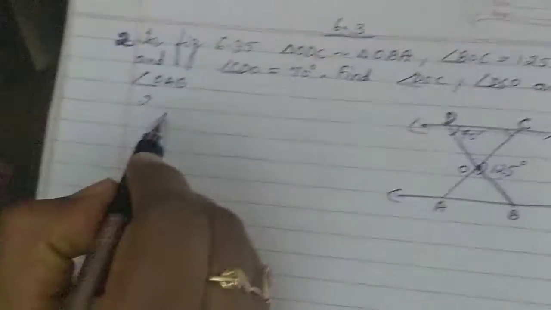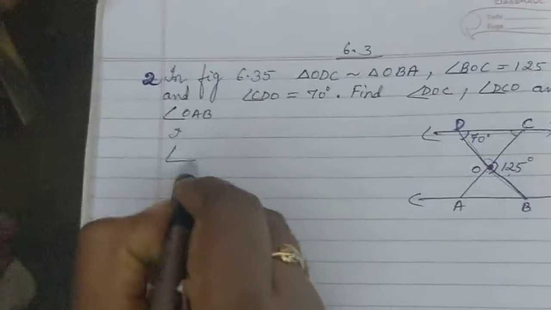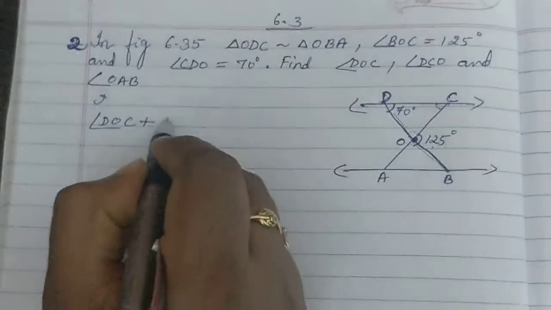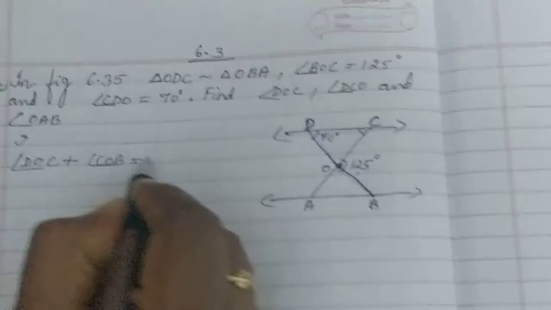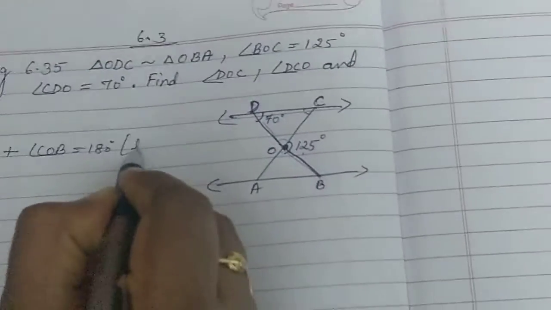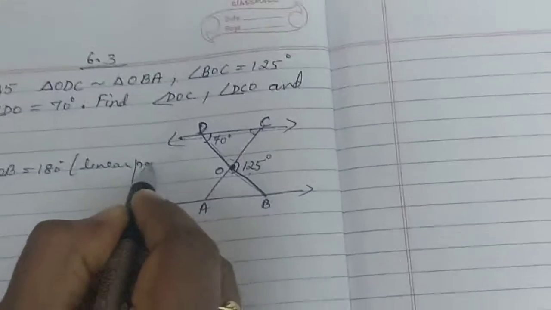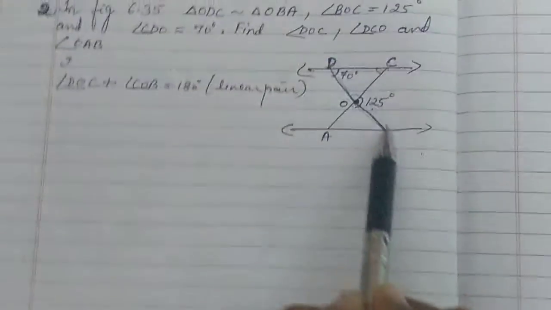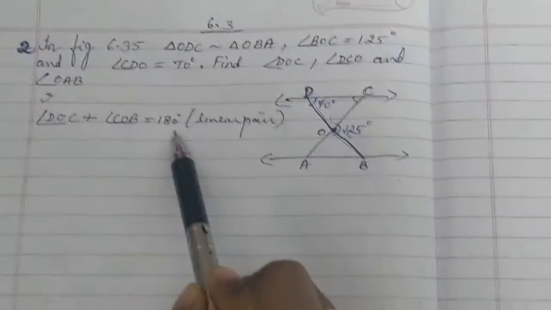So I can say here DOC plus COB is equal to 180 degrees. What is that? Linear pair. You can see the straight line here. DOB is a straight line, and DOC and COB, when you add these two angles, you should get 180 degrees.